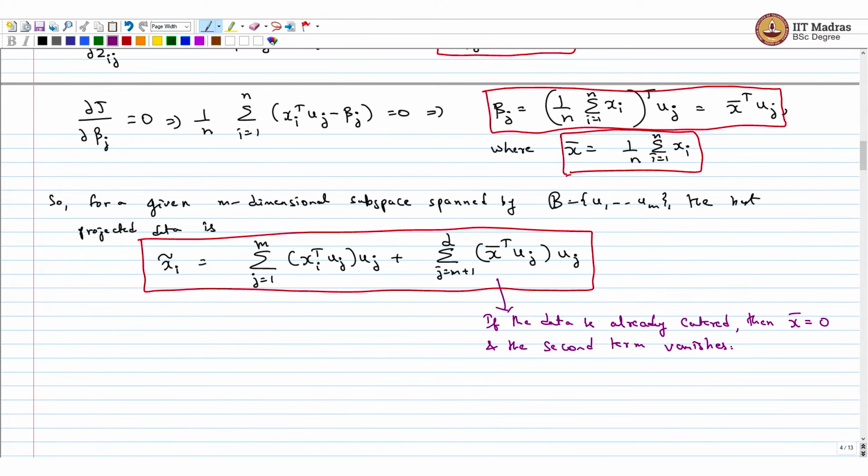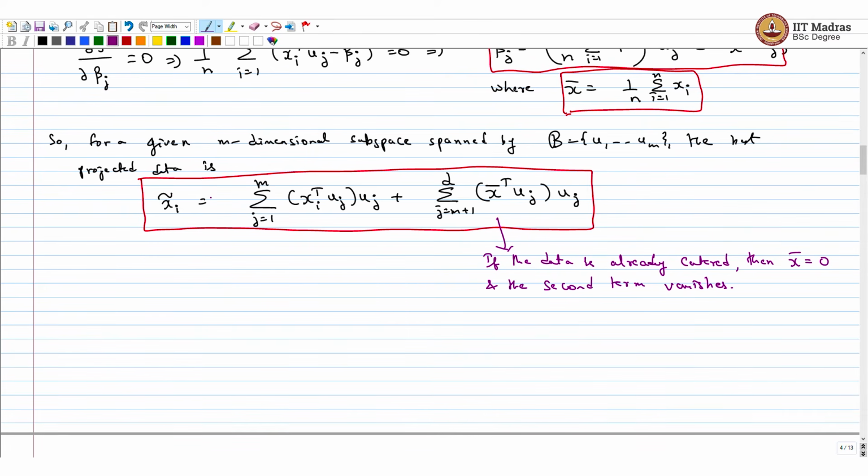The data is already centered, which is what people usually do when you do PCA. You can take x bar out of the equation, and then what you are left with is just the first term here. Now let's proceed and figure out which are the best u's to pick.